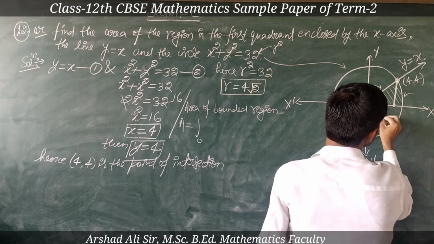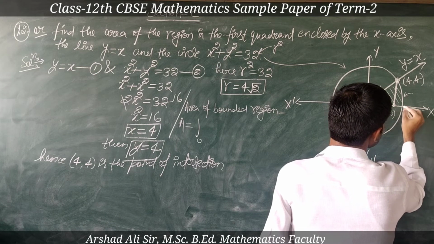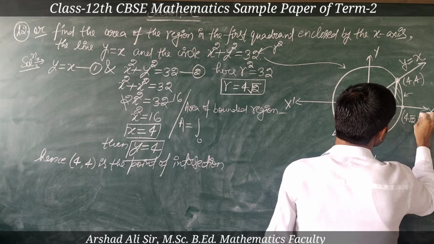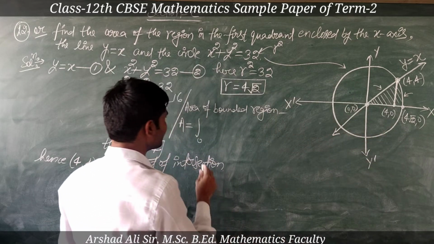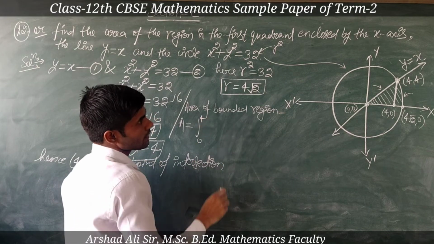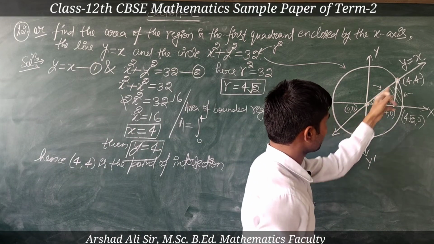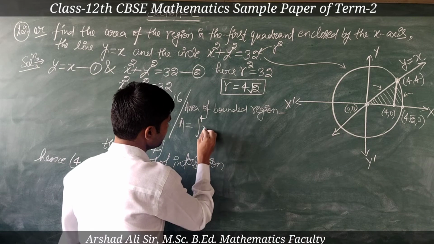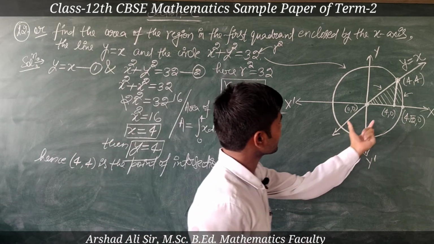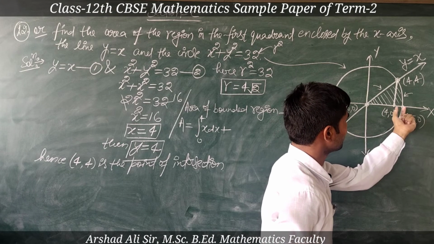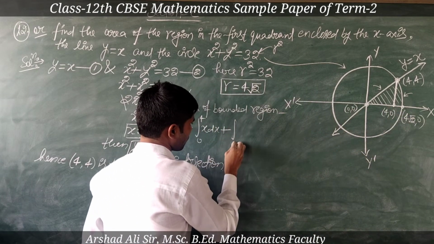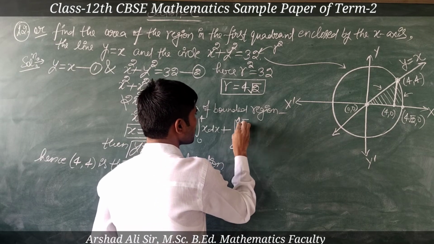This one point will be 4, 0 and this one point will be 4 root 2 and 0. So first integration limit will be from 0 to 4. Okay, and y is equal to x. So we can write x dx plus, okay, this one area plus this one area. So limit will be from 4 to 4 root 2.